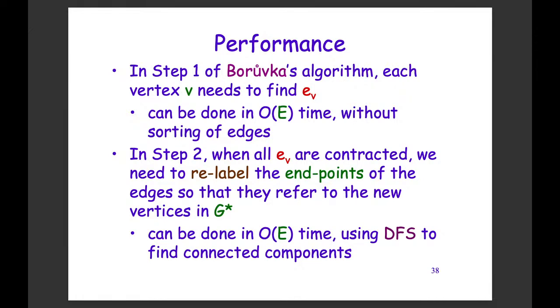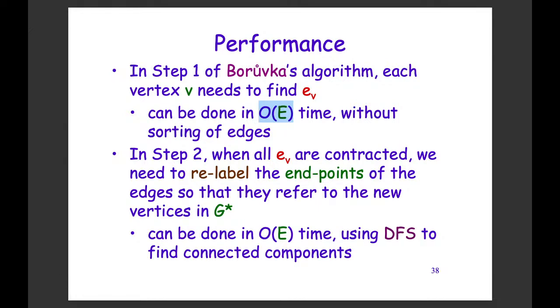Because each vertex V needs to find the shortest edge, the total time for this part is order E time, because for each vertex we can visit its adjacency list and then see each edge and retain the one that has the minimum value. So order E time, there's no sorting involved, so we don't need to do any sorting.